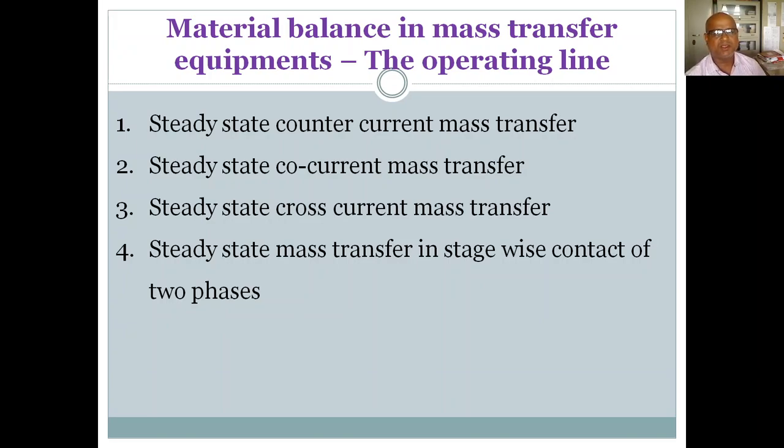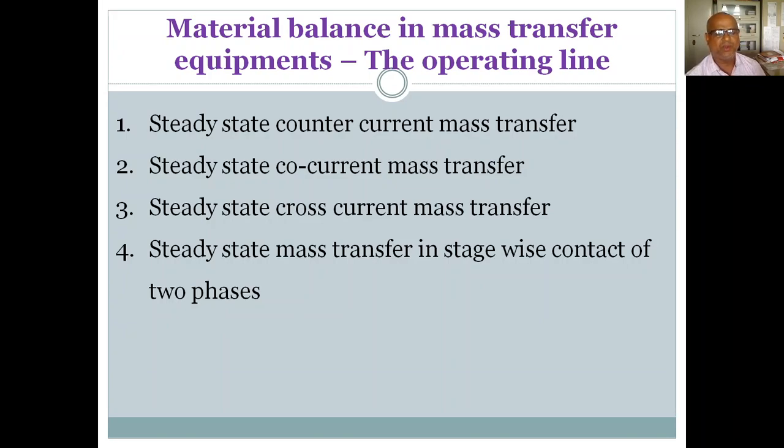And cross current is generally used in liquid extraction, where one phase flows north to south and another phase flows east to west.